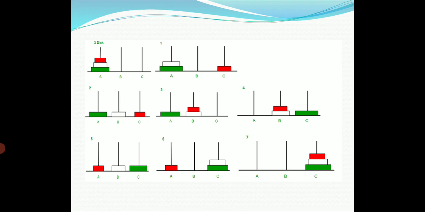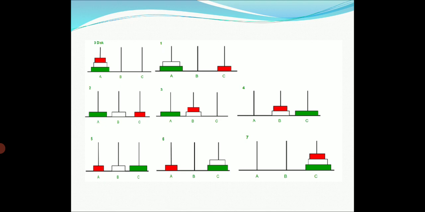In the next diagram, A contains one disk, B contains another disk, and C contains another disk. Here we move the disk from A to B.